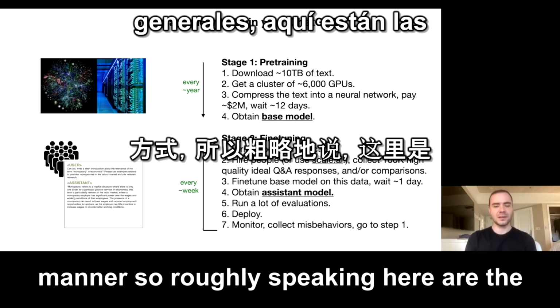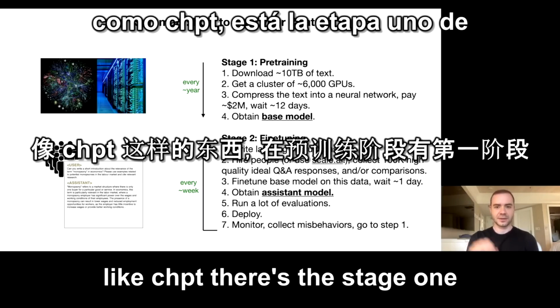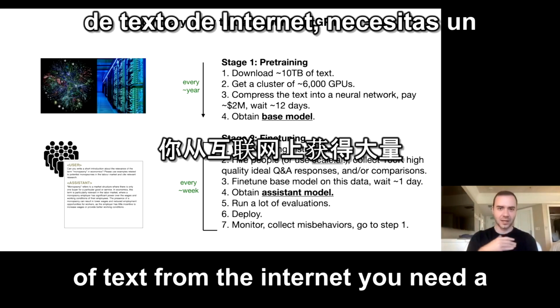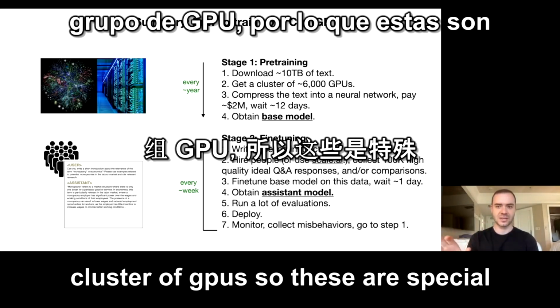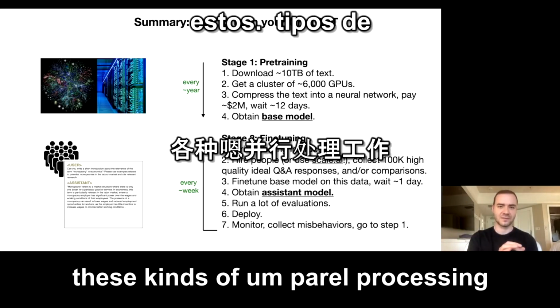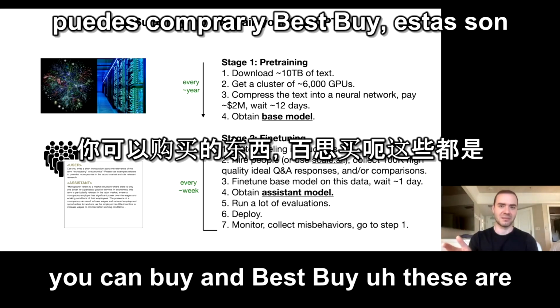So roughly speaking, here are the two major parts of obtaining something like ChatGPT. There's stage 1 pre-training and stage 2 fine-tuning. In the pre-training stage, you get a ton of text from the internet. You need a cluster of GPUs. These are special purpose computers for these kinds of parallel processing workloads. This is not just things that you can buy in Best Buy.